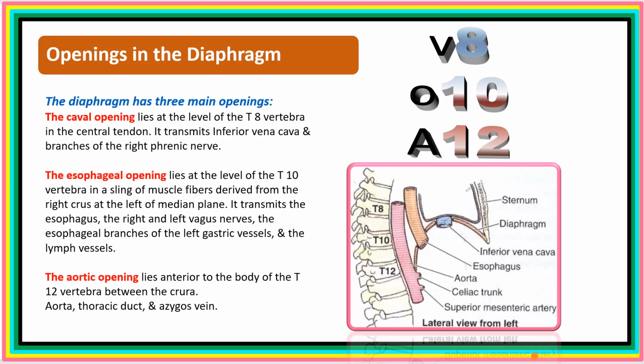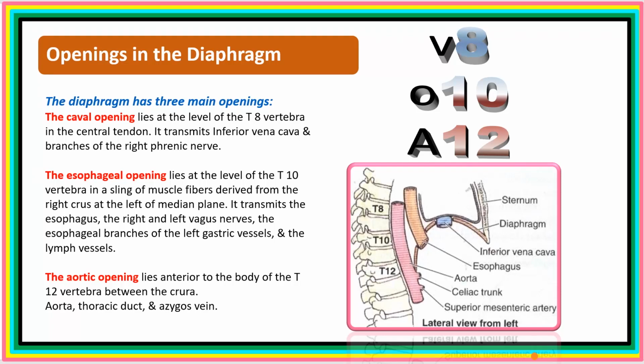In the major openings, there are three of them, and they transmit these three big structures: the inferior vena cava V, the esophagus O, and the abdominal aorta A, which gives us the mnemonic voice of Africa. These openings are at strategic landmarks in the vertebra.